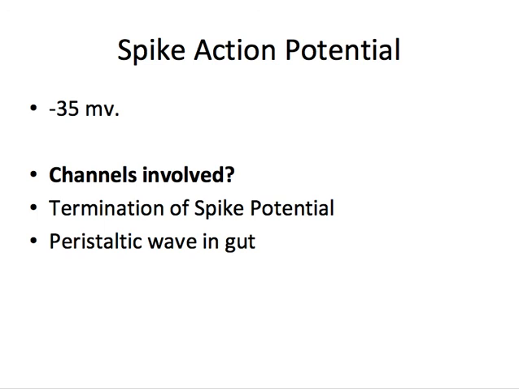It means when the slow wave potential reaches minus 35 millivolts, there is a spike potential that results in muscle contraction. The channels involved in depolarization are slow sodium potassium channels. At the termination of spike potential, slow wave potential again becomes more negative automatically, means it goes to minus 50 millivolts.